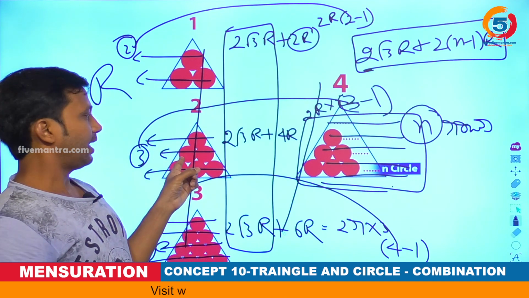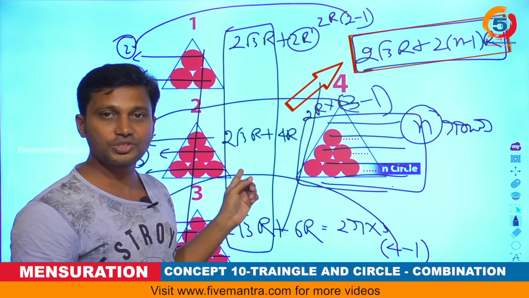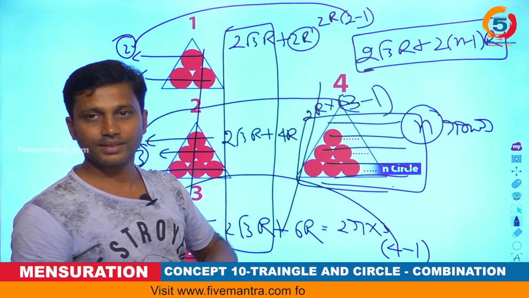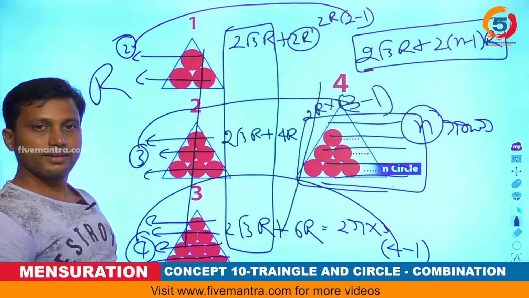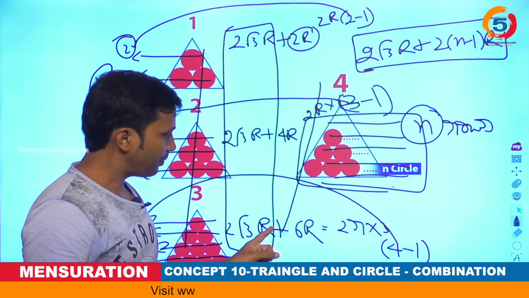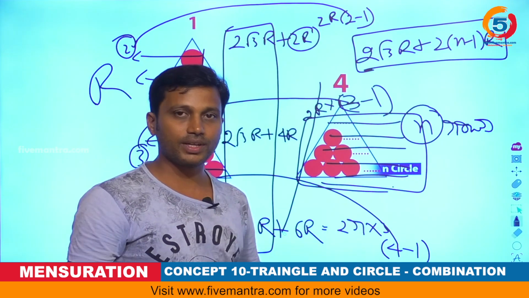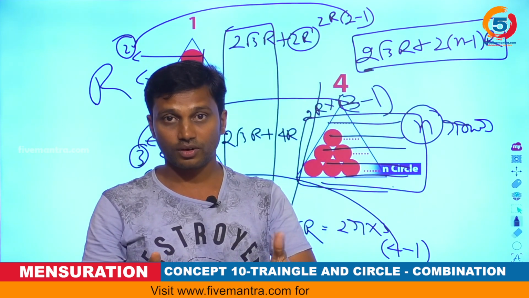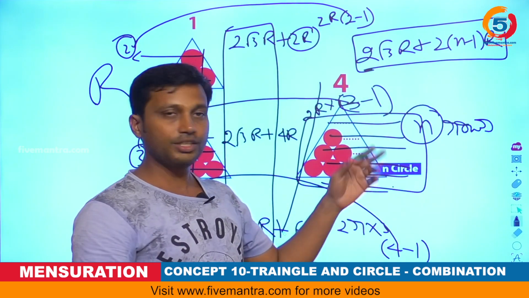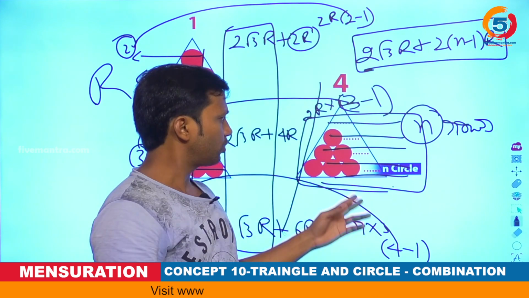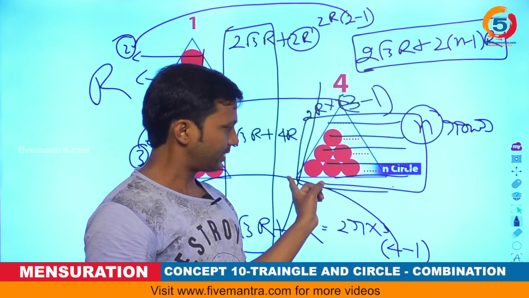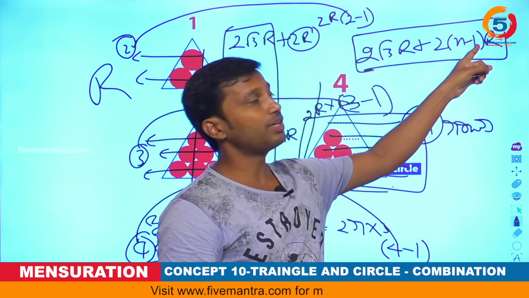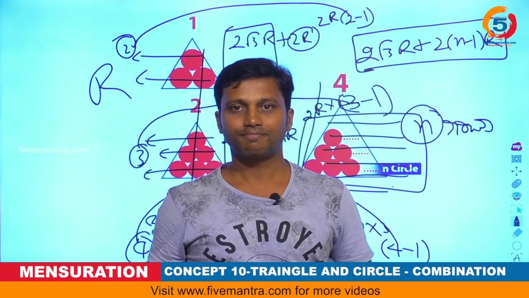When it is 3 rows, the side equals 2 root 3 r plus 2r into 3 minus 1. When 4 rows are there, 2 root 3 r plus 2r into 4 minus 1. Then if n rows of circles of equal radius are inserted into the triangle, the length of the side would be 2 root 3 r plus 2 into n minus 1 into r.